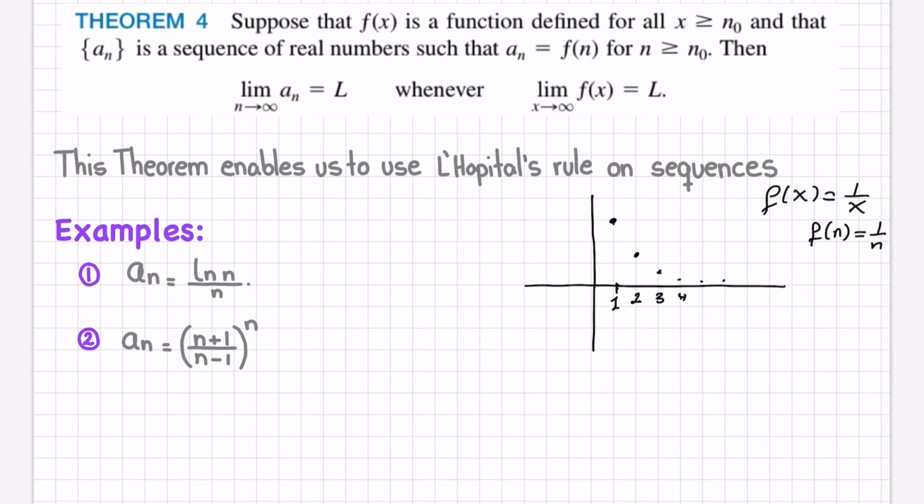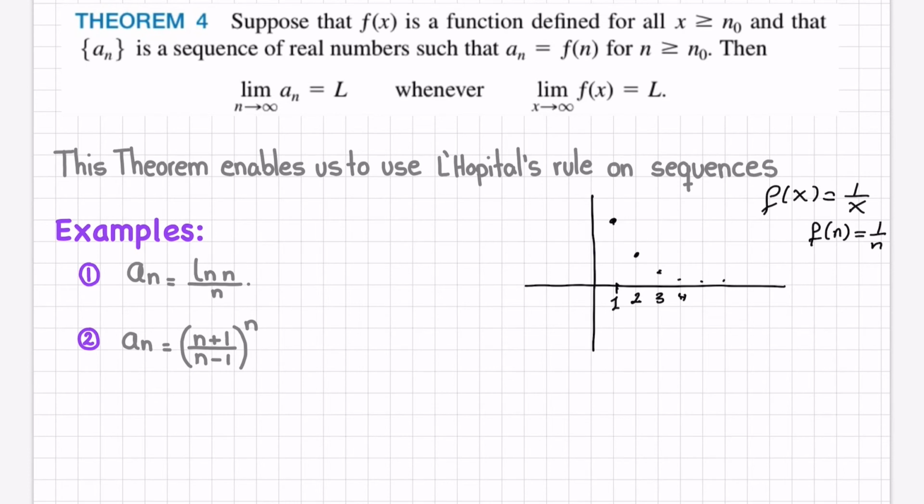In other words, the limit of a sequence coming from a function is the same as the limit of the function. If the limit of the function is infinity, the limit of the sequence is going to be infinity. Okay? That's what it says.